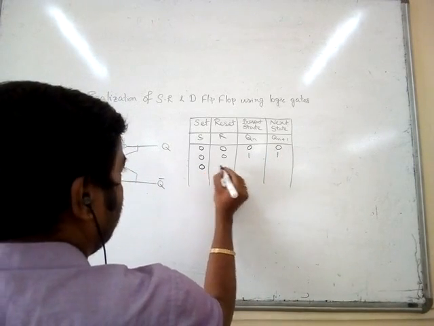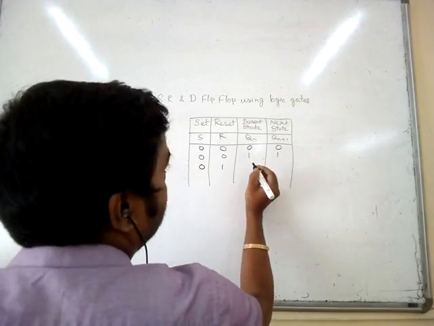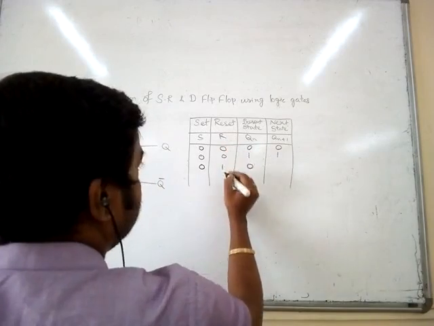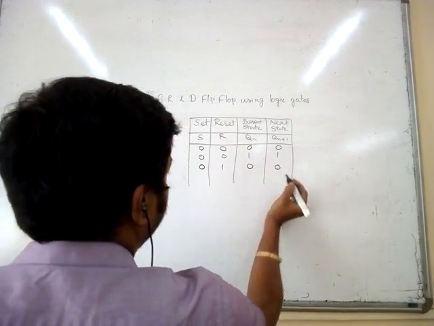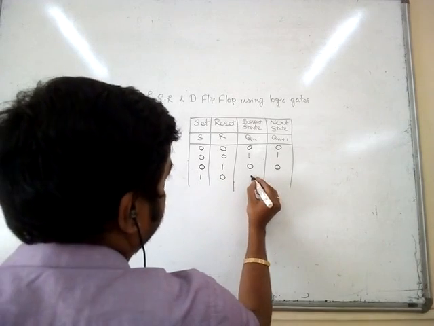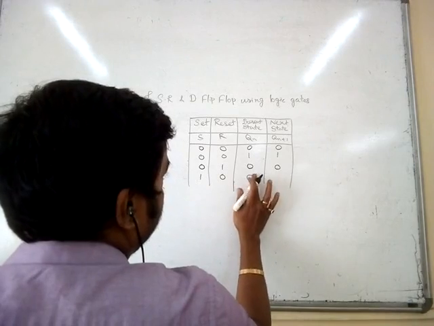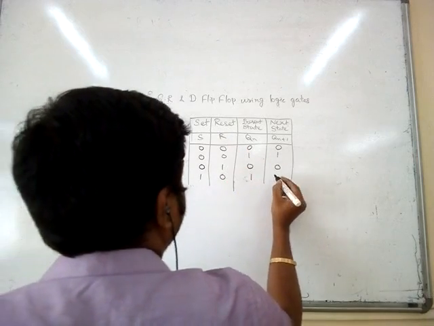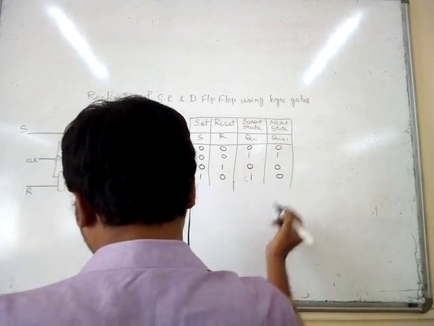For 0, 1, if the present state is 0, for reset it will be 0. For 1, 0, if the present state is 1, as the reset it will be also 0.